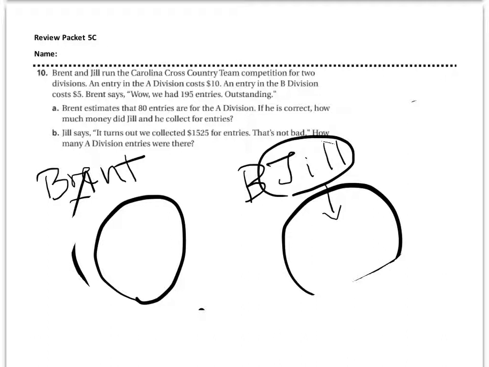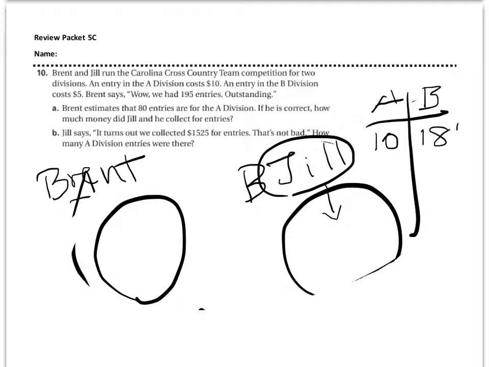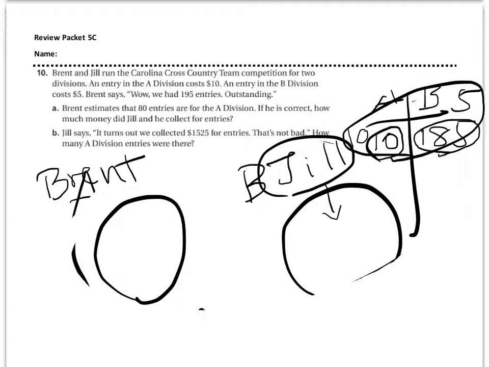For example, if there are 10 people in the A division, then there will be 185 in the B division. Those 10 people paid $10 and the others paid $5, and if you add these together, would the total be $1,525?